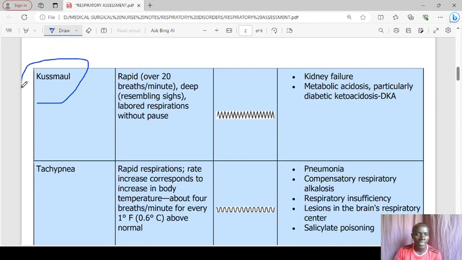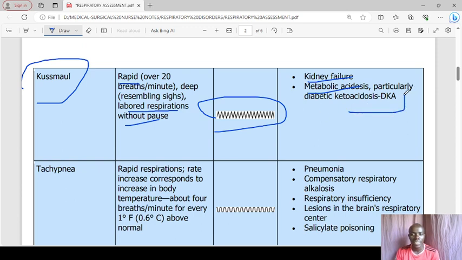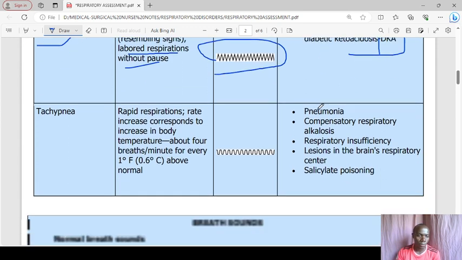The Kussmaul is characterized by rapid breathing, this should be over 20 breaths per minute, with deep, sighing respirations, and labored respirations without a pause. This is how it's going to be appearing, and it has been implicated in kidney failure and metabolic acidosis, particularly diabetic ketoacidosis, guys, DKA, because of the presence of ketones.